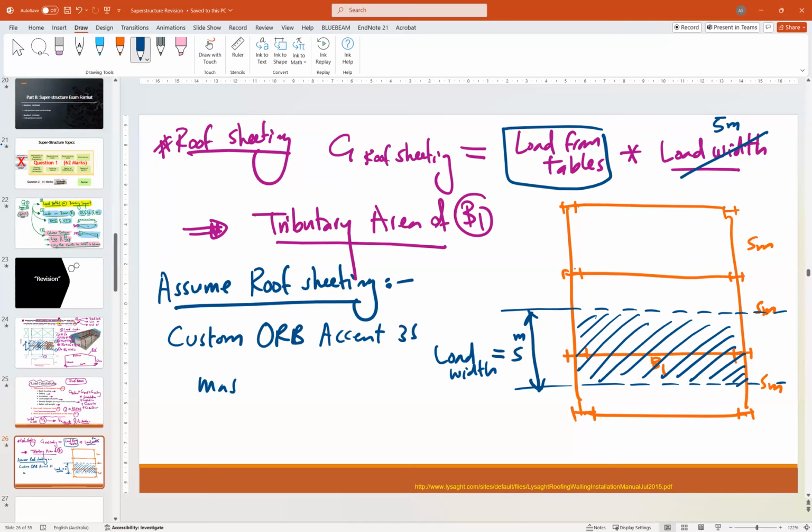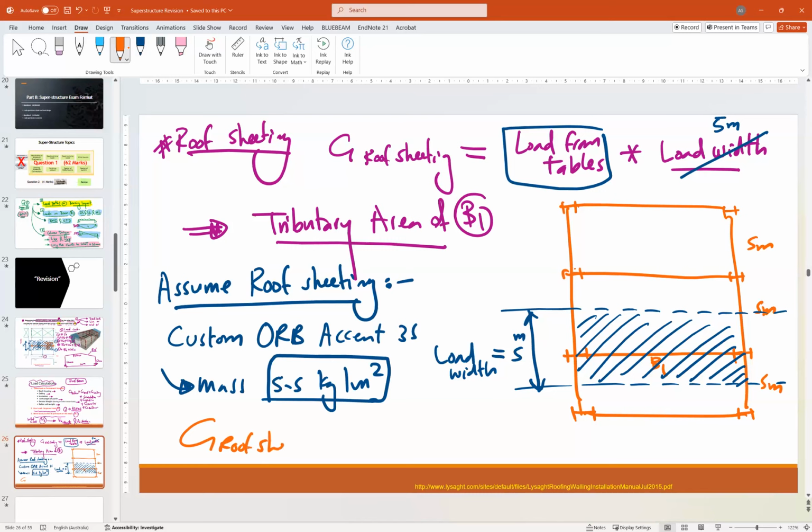The mass of this one is 5.5 kilogram per meter square. This is the important information you need to know. Now if we substitute here, G roof sheeting equals 5.5, in kilogram per meter square.